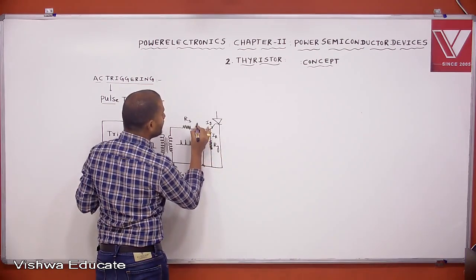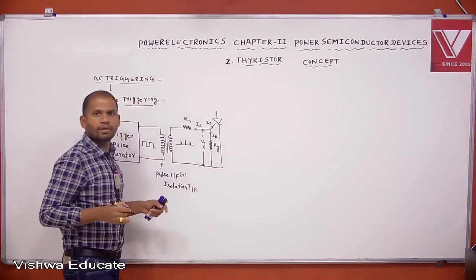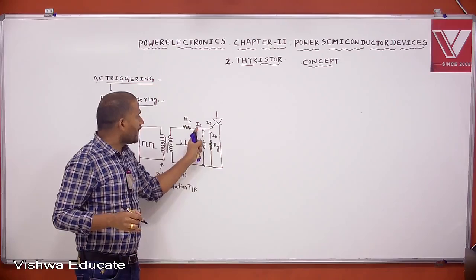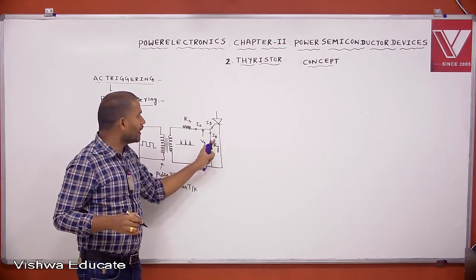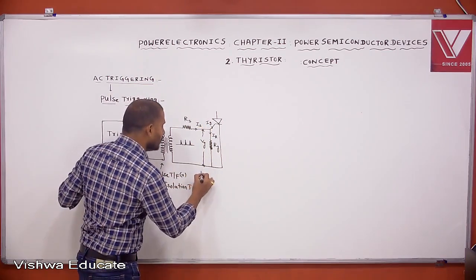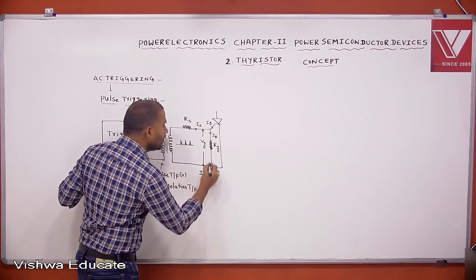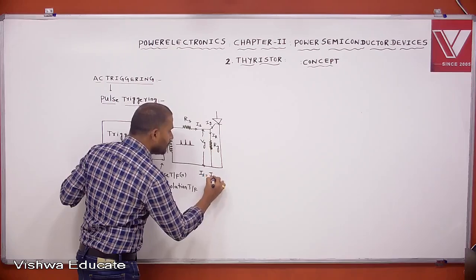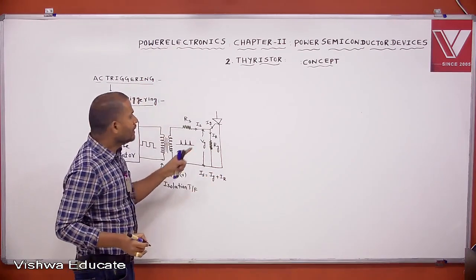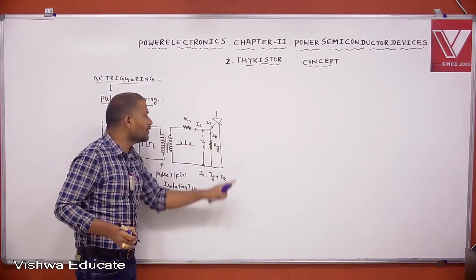Now this current is IS. If this resistance is not present, then IS equals IG. If this resistance is present, then IS equals IG plus IR. Remember that point: if it is not present, take IS equal to IG.